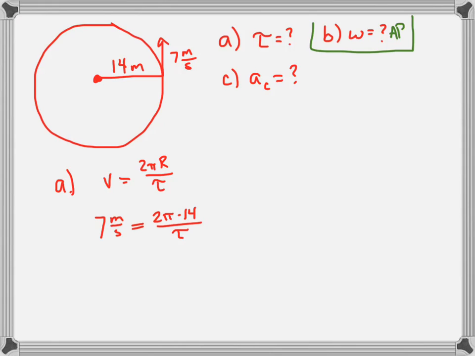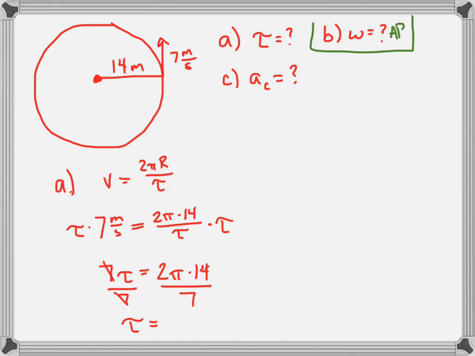If I were to multiply both sides by tau, I would get 7 tau equals 2 pi times 14. And then I could divide both sides by 7. That would divide the 7s out, and I'm left with tau equals 2 pi times 14 over 7.